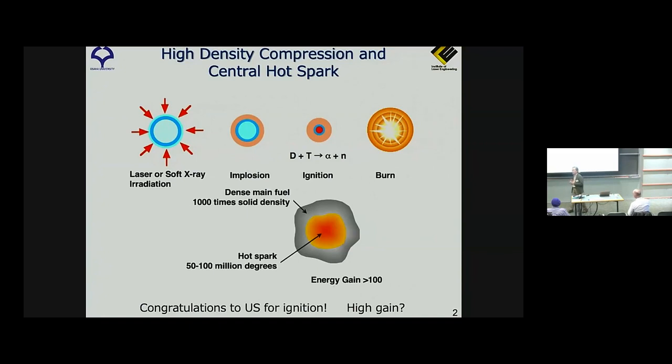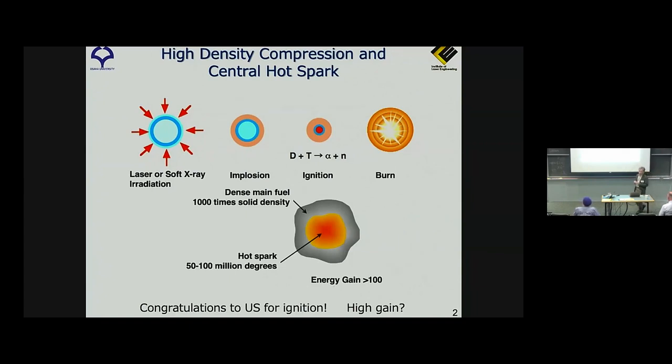The DT reaction produces many alphas, and those alphas have an electric charge, so they are absorbed in a central hot spark to increase the temperature again and generate further DT reaction. That is ignition.